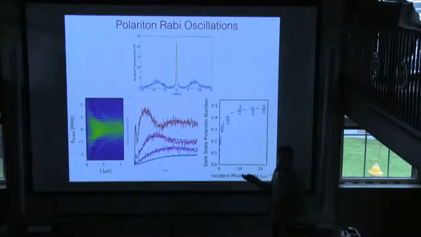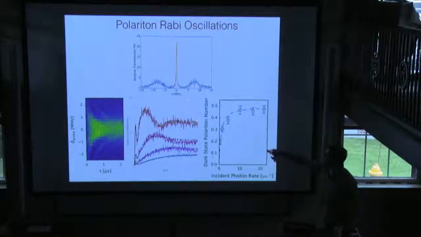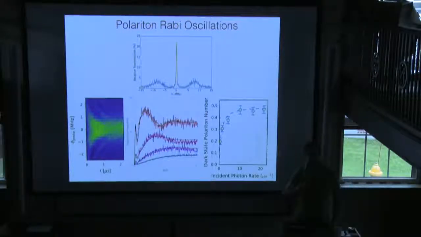Without this fast thing at the beginning, you should think of this as I'm driving this polaritonic mode, and it can absorb a photon and then be de-excited. If this were a linear system, it would just keep absorbing and absorbing photons and reach a steady state. But because it's a nonlinear system, even when you drive it on resonance, it oscillates, which tells you that it can only absorb one excitation, and then it gets de-excited.